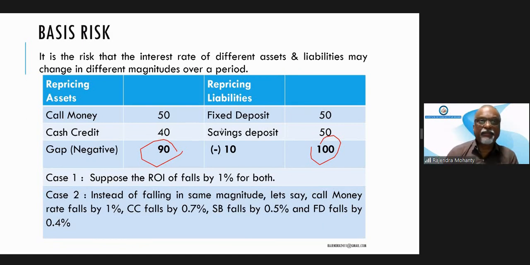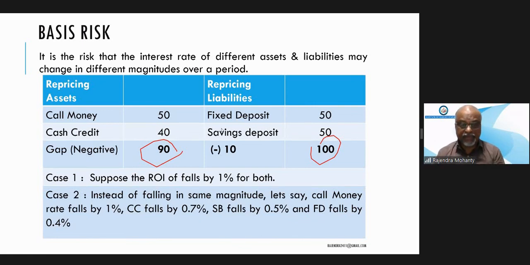So what is happening here? Here the fall in assets is more than the fall in liabilities. So what will be the net impact on NII? Decrease. So NII is going to decrease.